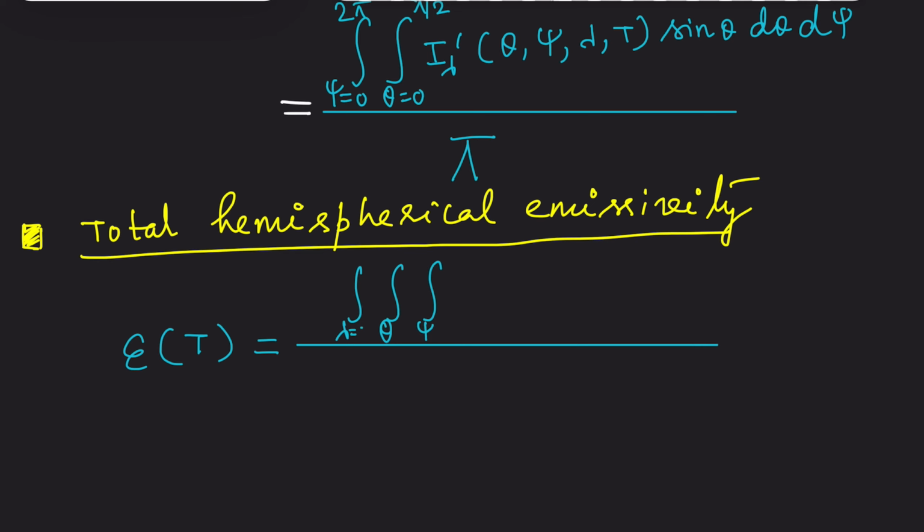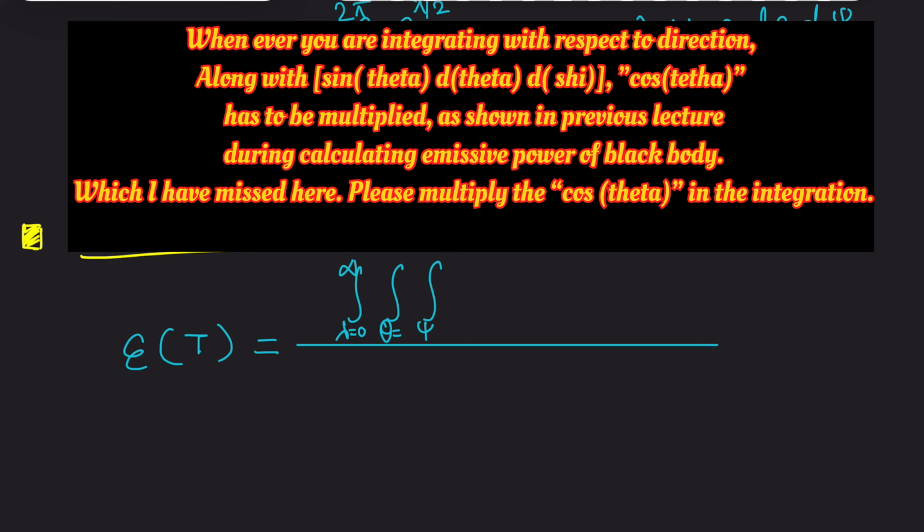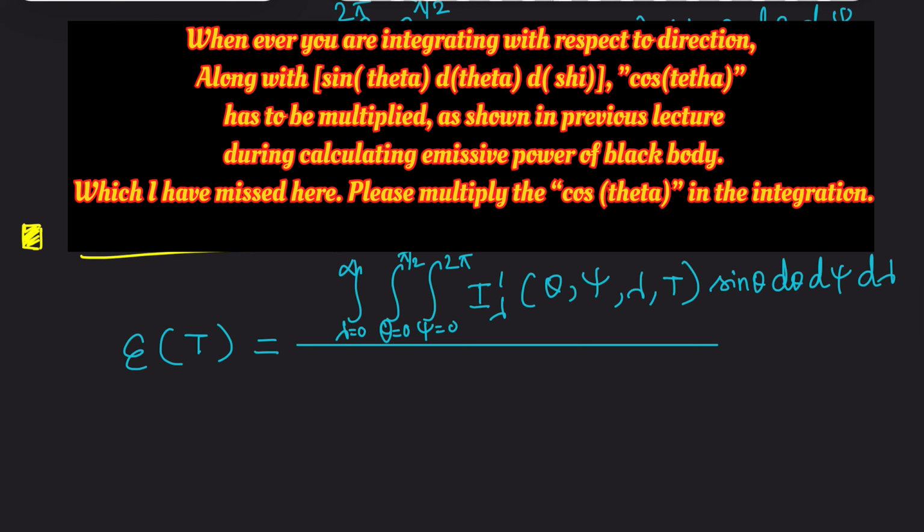Lambda equal to 0 to infinity, psi equal to 0 to 2 pi and theta equal to 0 to pi by 2, of I lambda dash theta psi lambda t sine theta d theta d psi d lambda, divided by the same integration below.